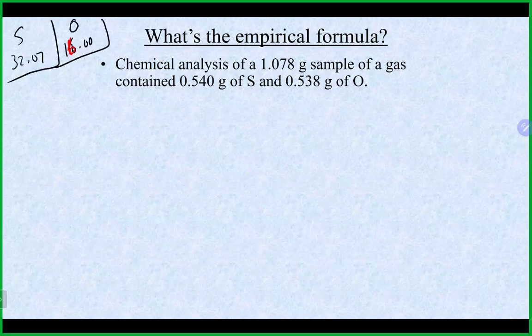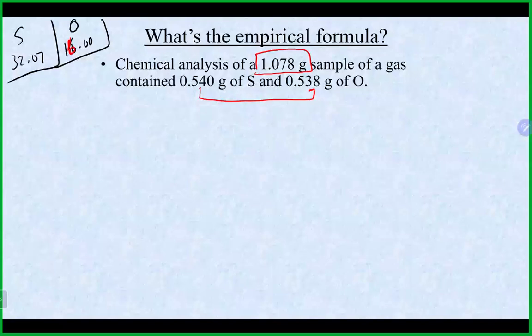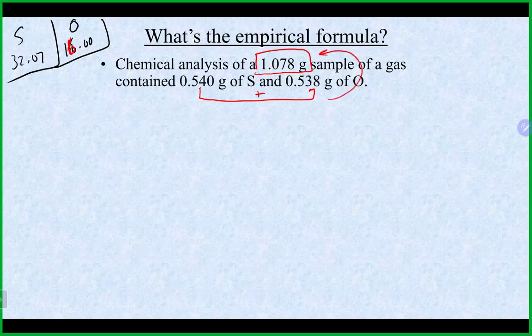Okay, so let's take a look here as we're getting to the end. We have a third number here, which is basically the mass of the sample that contains the sulfur and the oxygen. The purpose of that number really is for you to make sure that when you take these two numbers, kind of like what we do with our percentages to make sure it adds up to 100, they add up to that number, which it does.